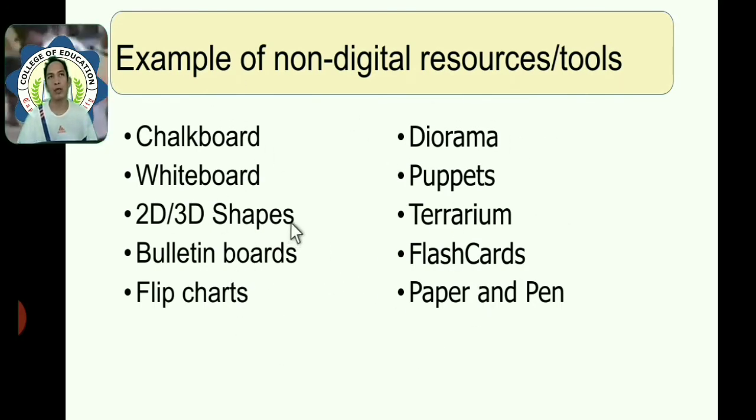When we're teaching mathematics, we can use the chalkboard, whiteboard, shapes, bulletin boards, flip charts, diorama, puppets, flashcards, and paper and pen. The terrarium can be used in science because a terrarium is just like a small forest in a small glass. Okay, next.